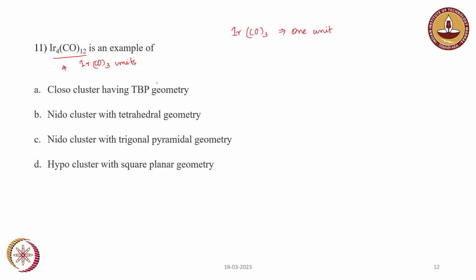And the number of cluster bonding electrons is given by the equation x equal to mu plus n minus 12, where mu equal to number of valence electrons from the metal atom, and n equal to number of electrons provided by the ligands.